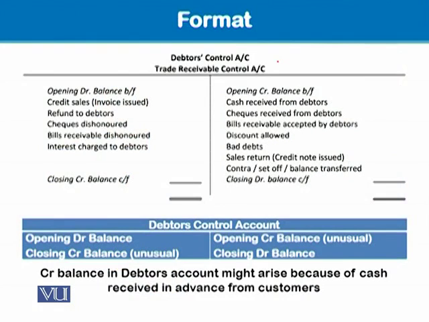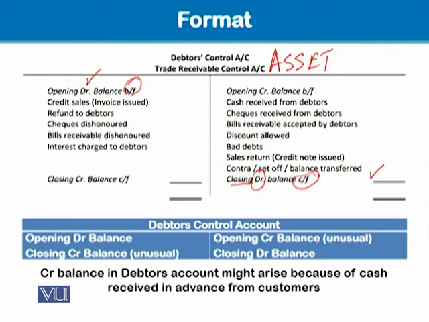First of all, we know that this is asset in nature. So since it is asset in nature, its opening balance, which is the debit balance, will be placed in the debit side. And its closing balance, which is the debit balance, will be placed in the credit side. This we know very well.